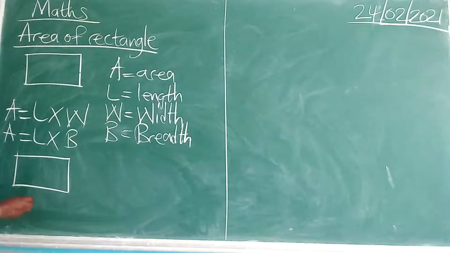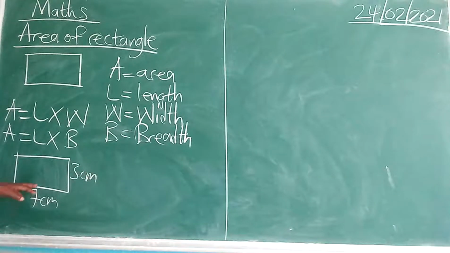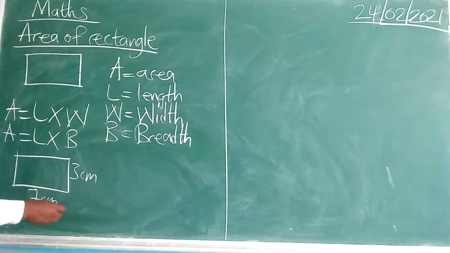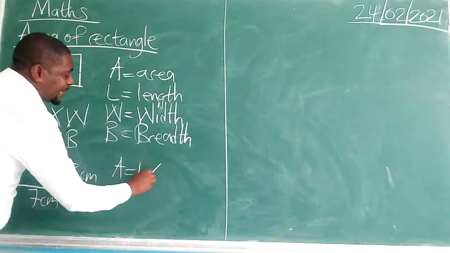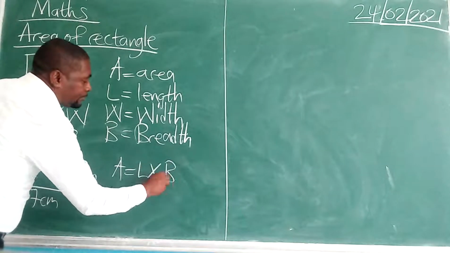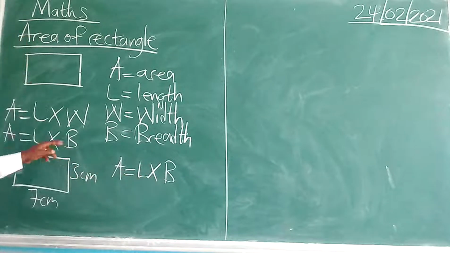Here, if you have 7 centimeters and 3 centimeters, to find the area of this rectangle, you have to write the formula: A equals length times breadth, or A equals length times width.